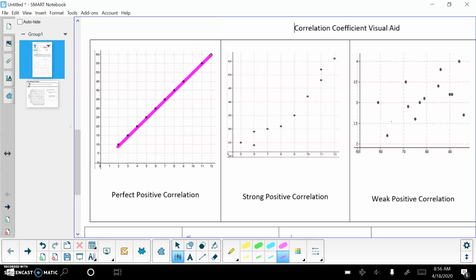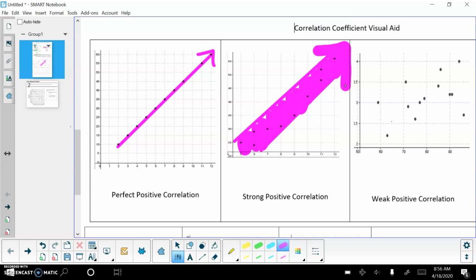Whereas if we look at this next one, it's still positive. I mean, it's going up like the previous one. But they're not all in a nice straight line, but they're in what we call a pretty tight band. If I highlight the area where the dots are, they're all in this area. That's a pretty tight little band of dots, and they're still going up, but they're all kind of close together.